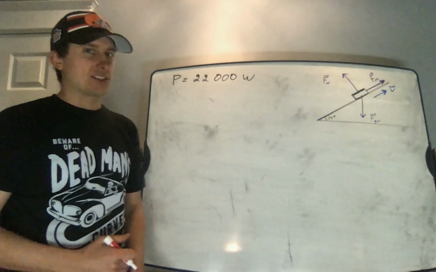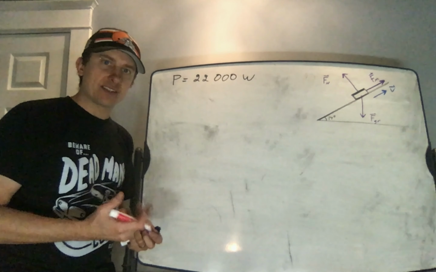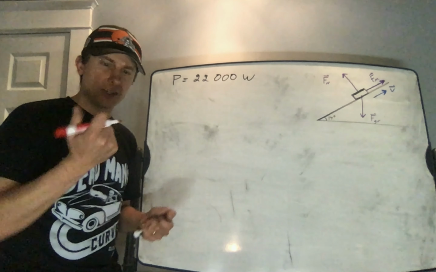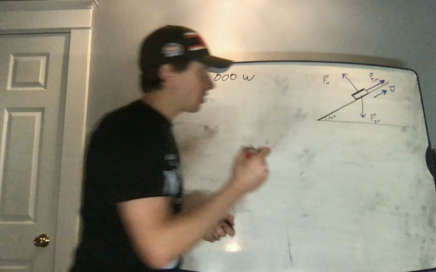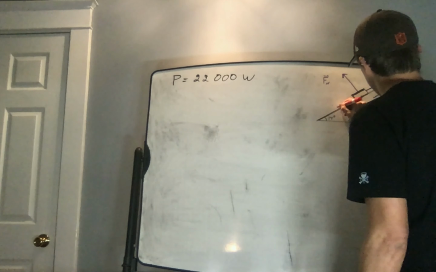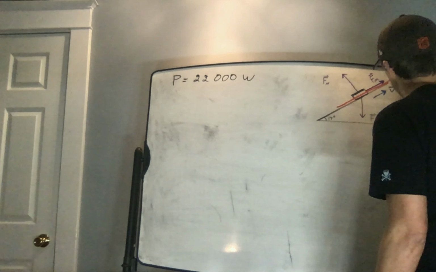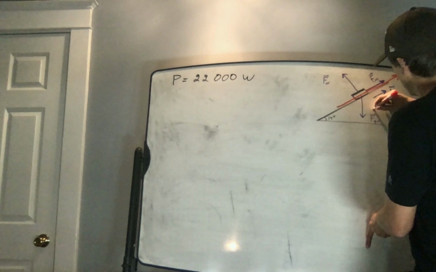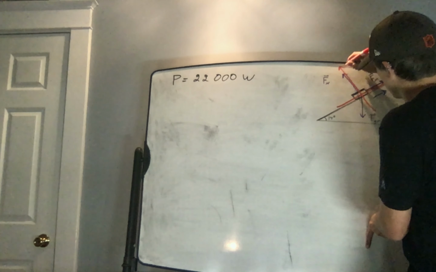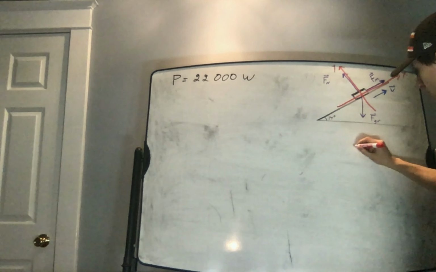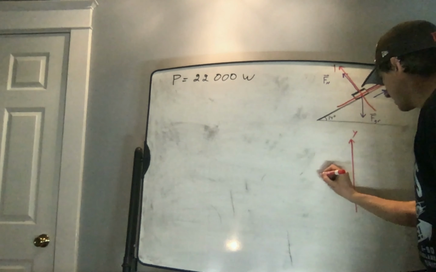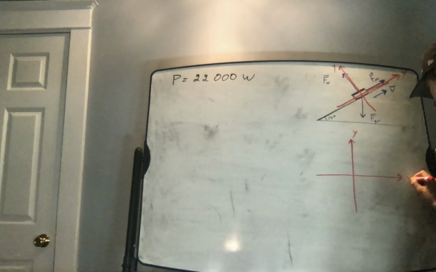Because we have a slope, we will want our x-axis to point along the slope and our y-axis to point perpendicular to the slope. So we're going to draw that in. Here is the x-axis that lies along the slope, and the y-axis is perpendicular to the slope as such.